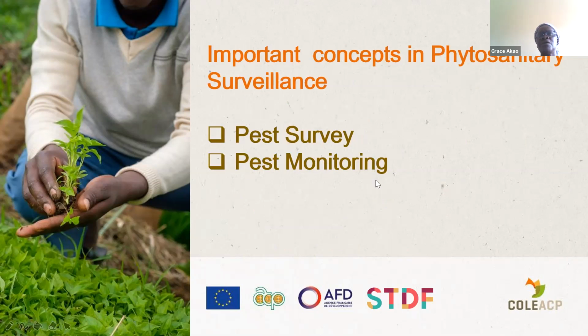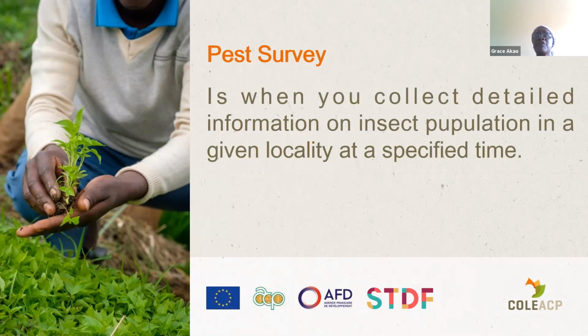So before we continue, there are also very close concepts that are related to surveillance. You have the concept of pest survey. You also have the concept of pest monitoring. And survey is when you collect information on insect population in a given locality at a specified time.